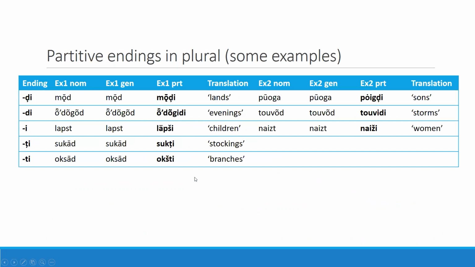And this is not that often used, and also this T. One example here: oksad, oksad, oksti. Again, it goes with A stem words mainly, and it really adds here to the sh in the stem.